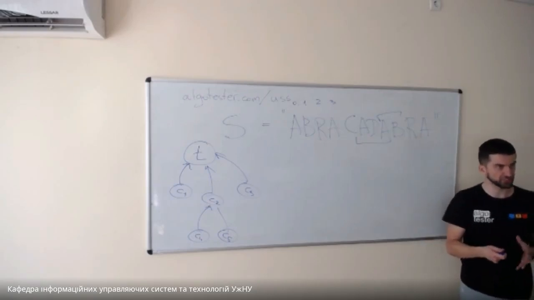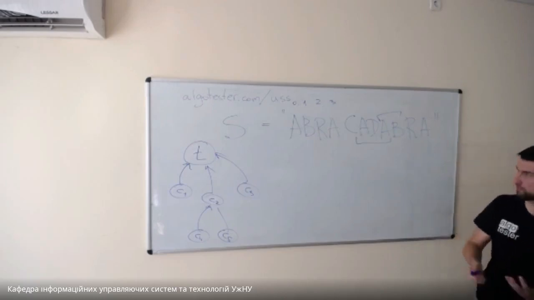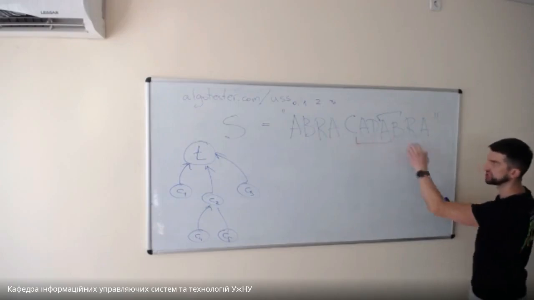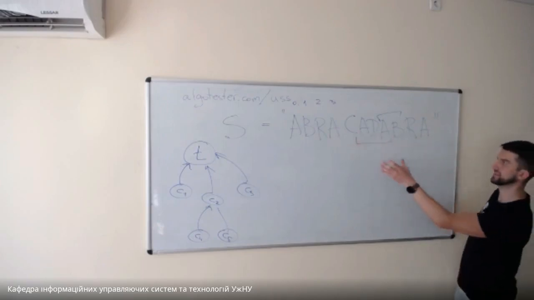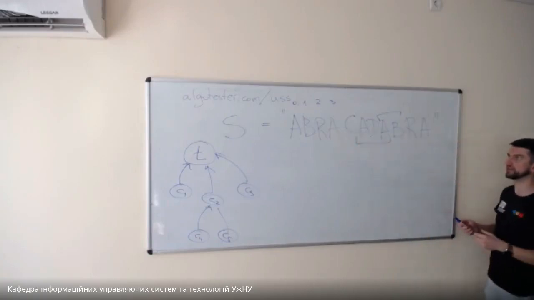Each such group is described by simply a collection of positions where a substring, which is included in the initial string, ends.